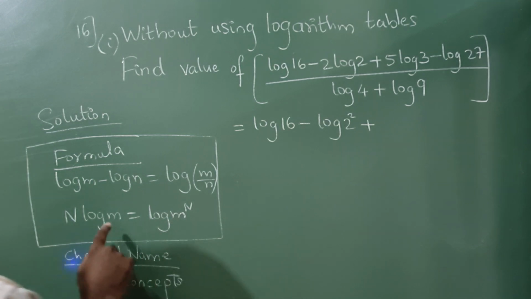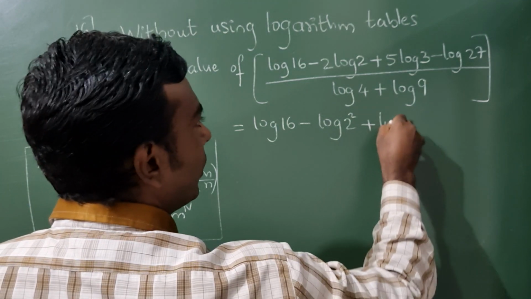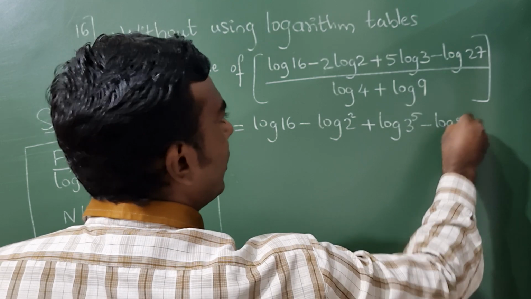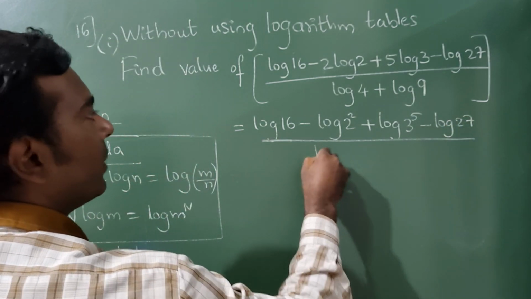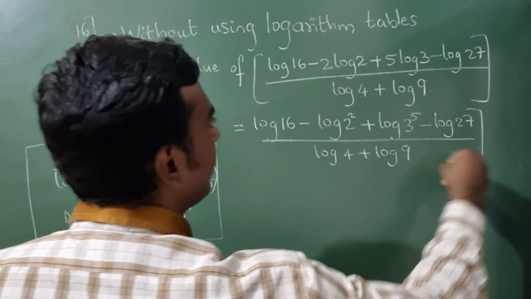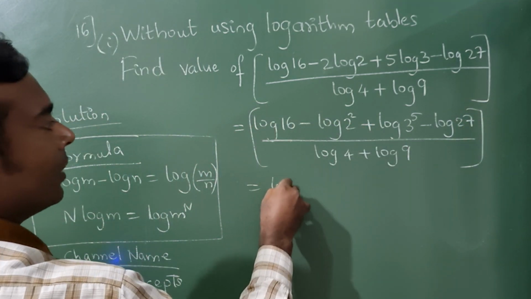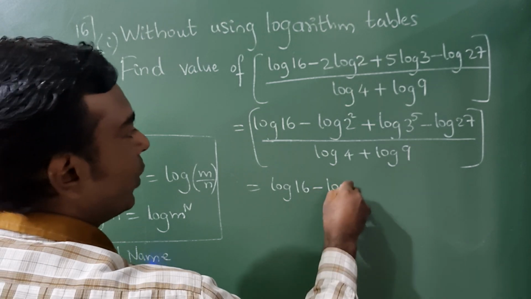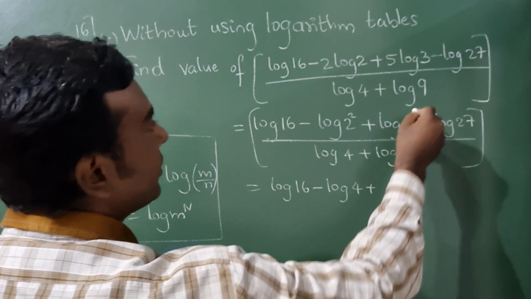Plus, for this also, you have to apply this formula: log 3 raised to 5 minus log 27 divided by log 4 plus log 9. Now log 16 minus, what is 2 square? It is 4. 3 raised to 5.